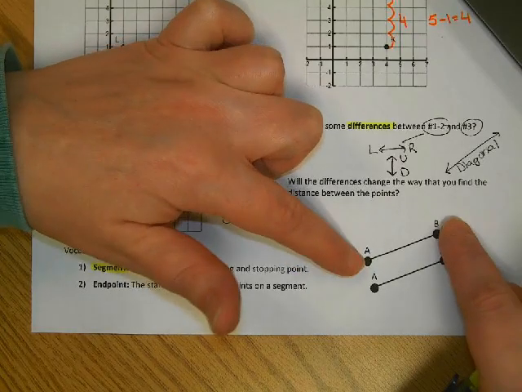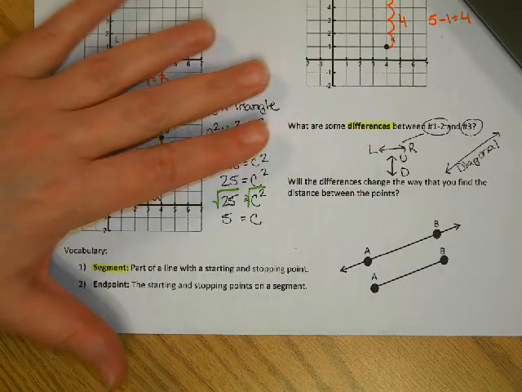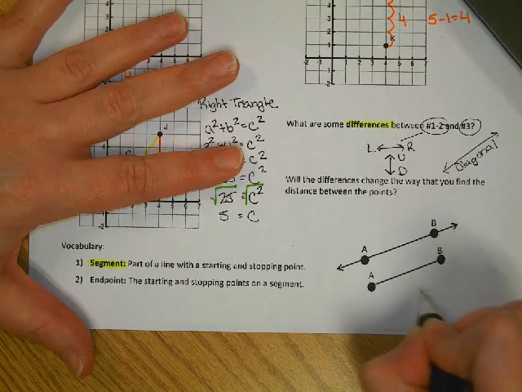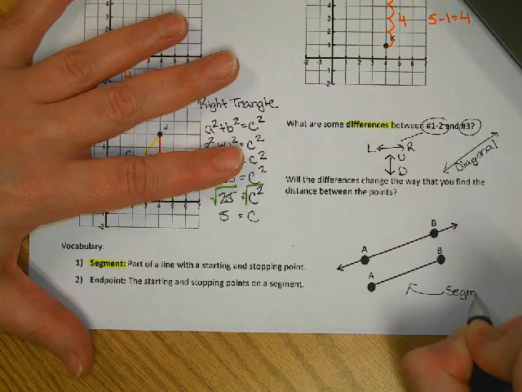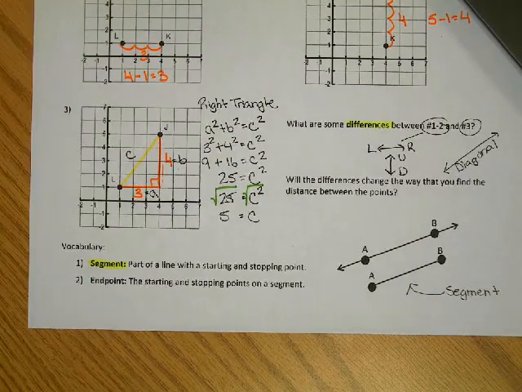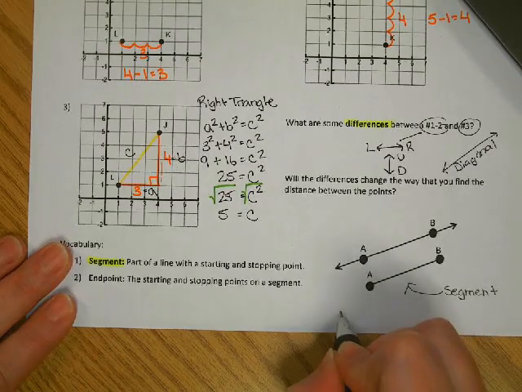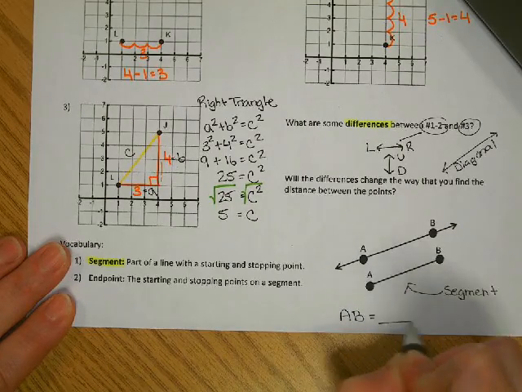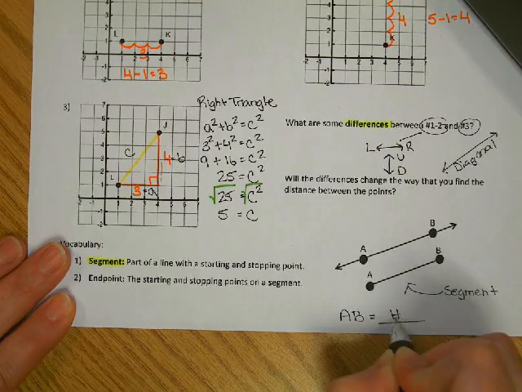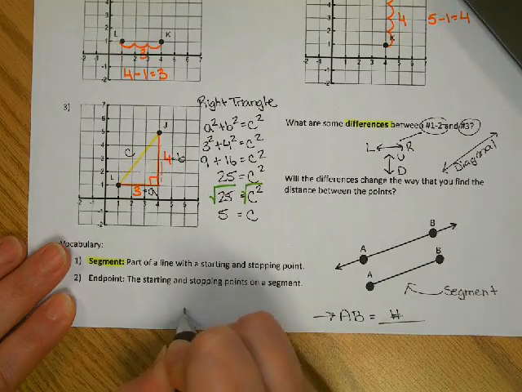When we take the ends off and we just look from A to B, this is called the segment. And when we talk about the length of a segment, we say AB equals whatever number, okay? So this is the length of a segment.